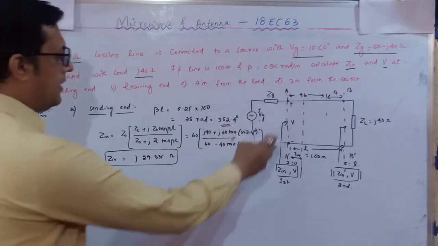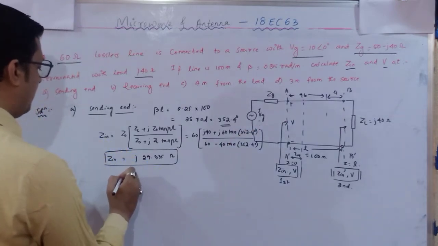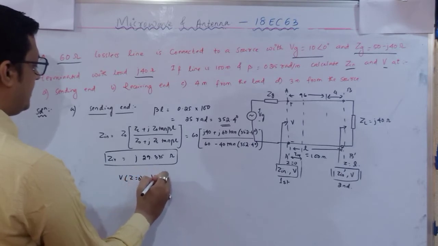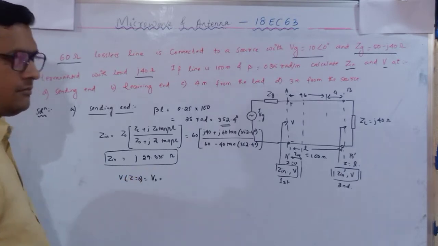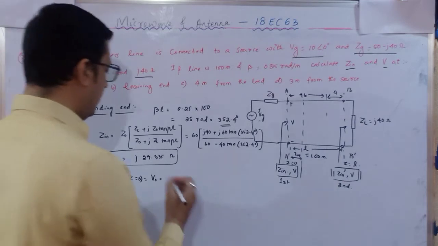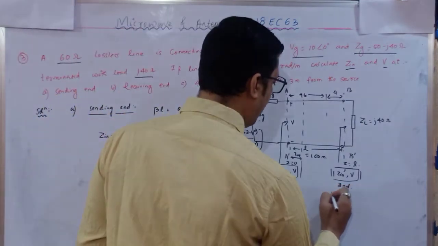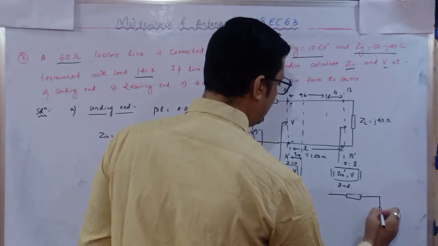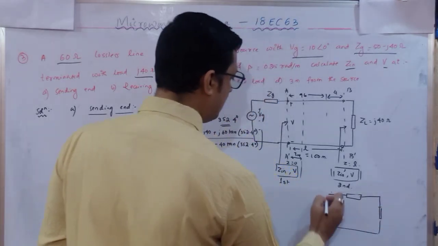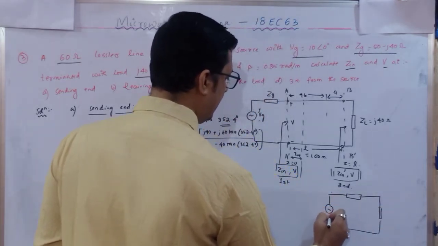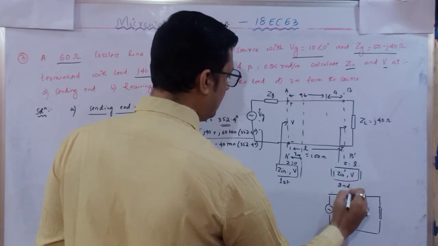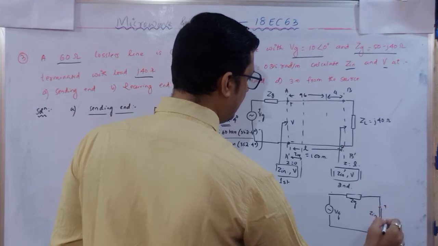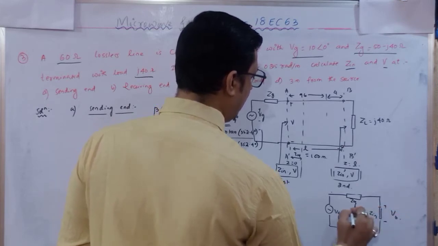Now we have to calculate the potential. The potential at Z equals 0 is nothing but V0. Now how to calculate V0? We have a small figure that we drew in the last class. This is Vg, this is Zg, this is Zin, and here it is V0.